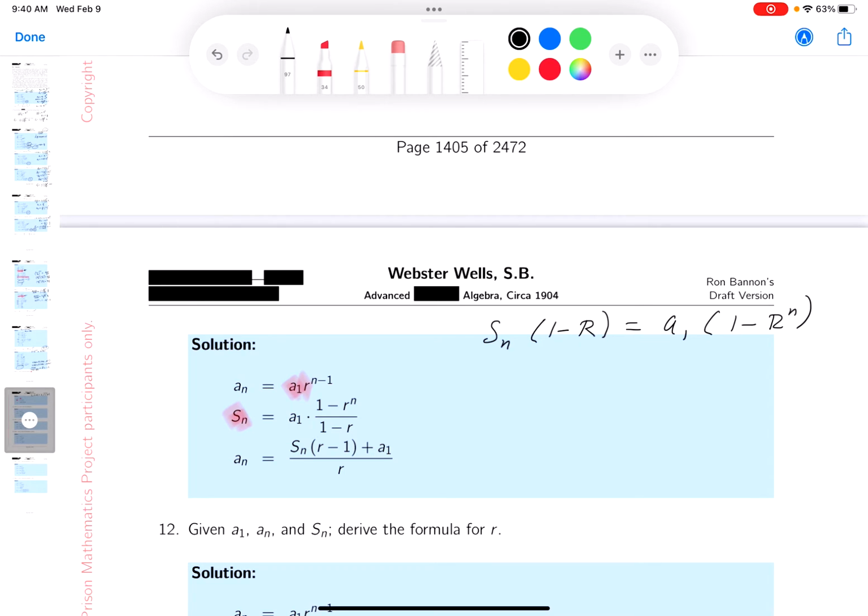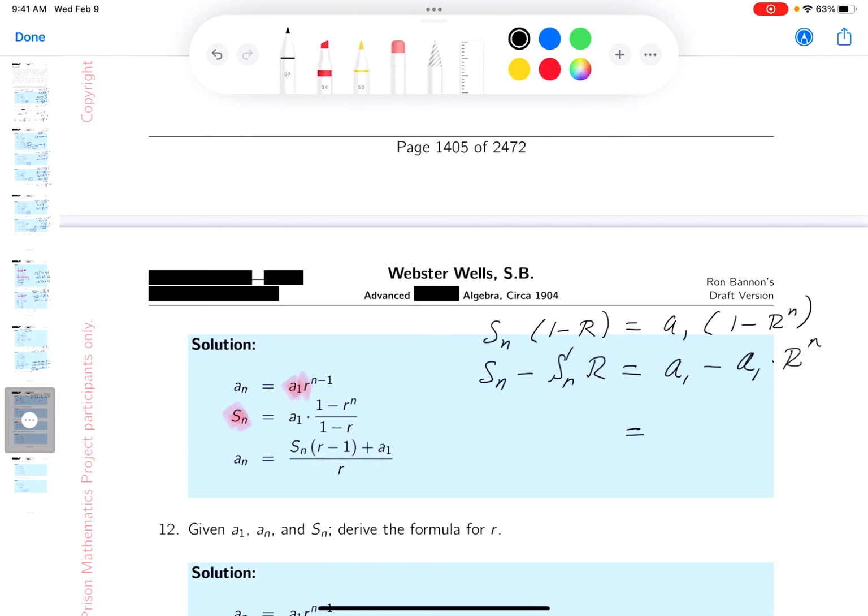All right, let's take a look at it. Looking at it, I start to realize that I do have some problems, so I'm going to multiply it out. And what do you get? Sn, which is a given, minus SnR, which is a given, equals A1 minus A1 times R to the n.